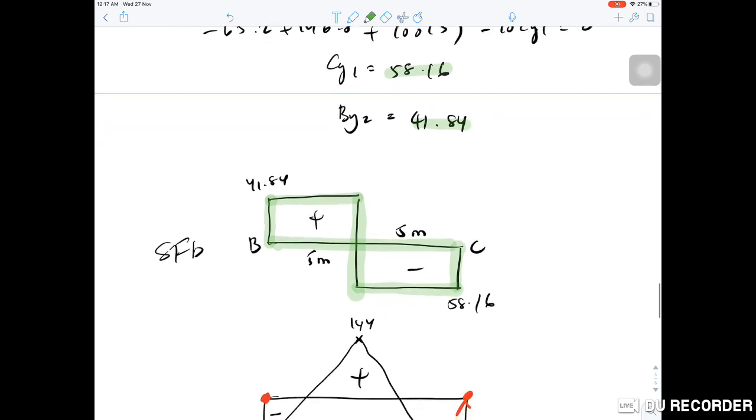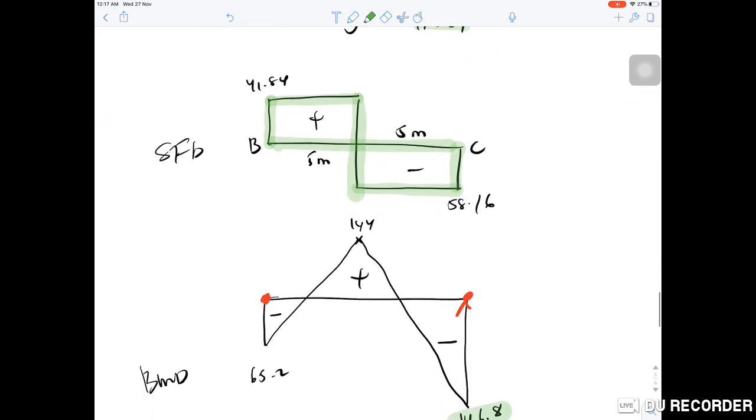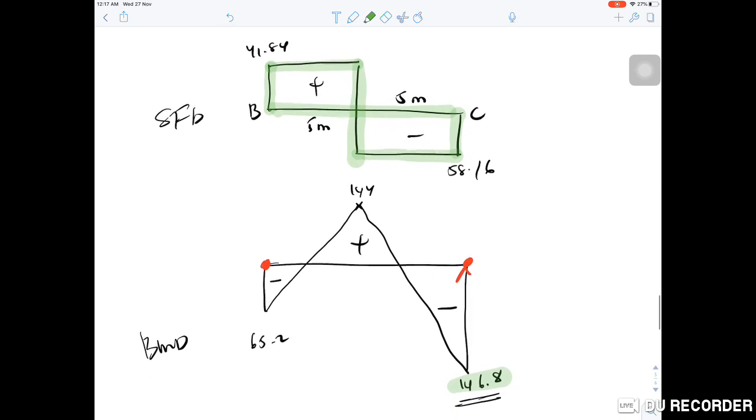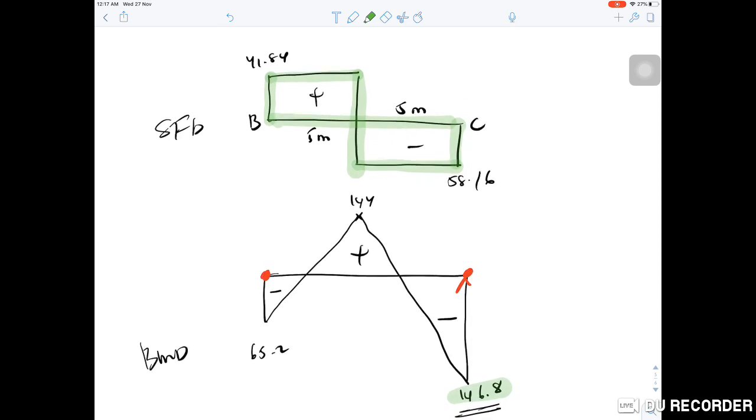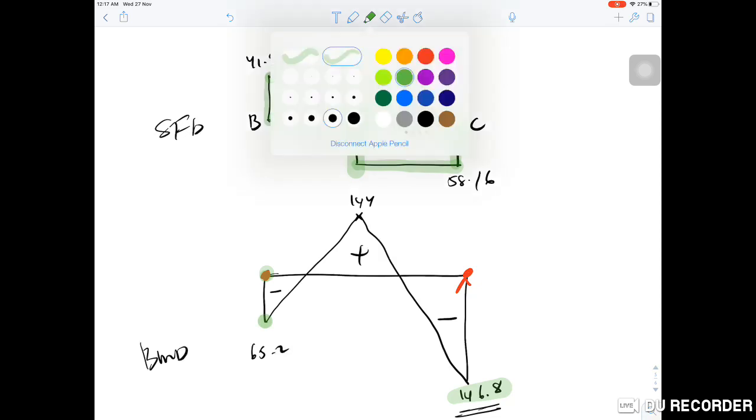Okay, using the area of the shear force diagram, we can draw the bending moment diagram. The start must be 0. It is 0 plus negative 65.2. We get this point. Okay, so negative 65.2, we must add this area.